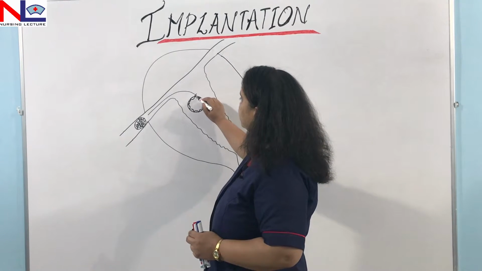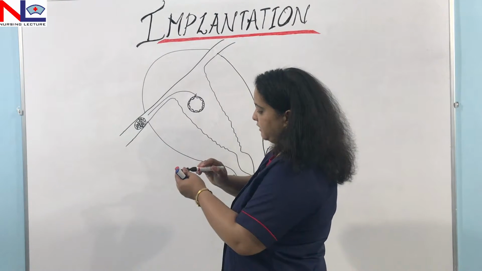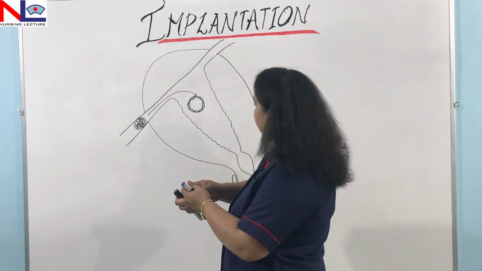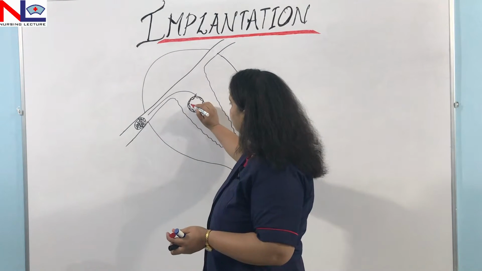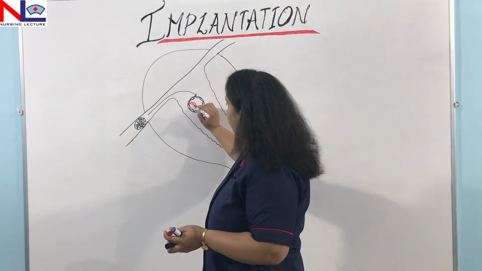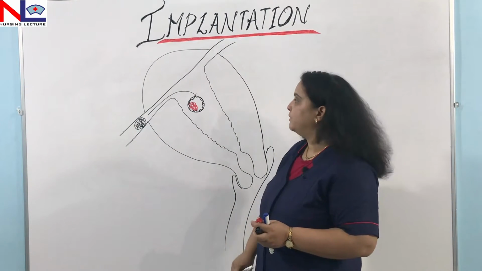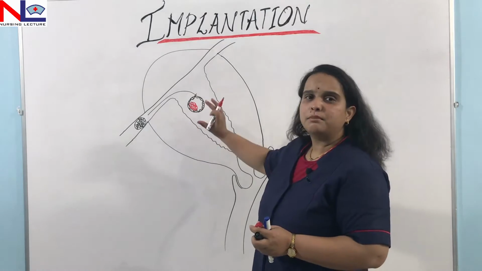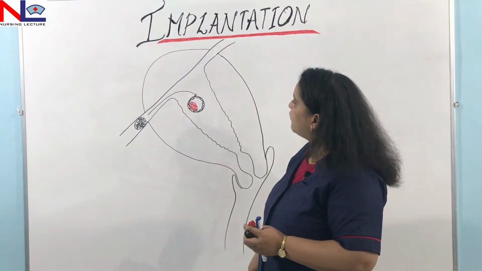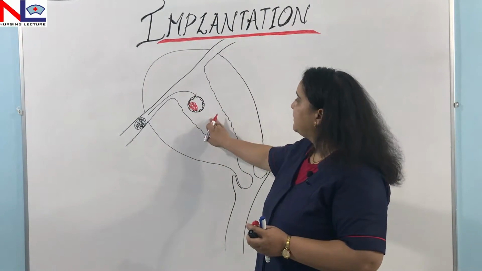In the blastocyst there is the outer lining, which is called the trophoblast, and the cells lying together as a group at one edge later form the embryoblast. So this is how the blastocyst is formed in the uterine cavity.